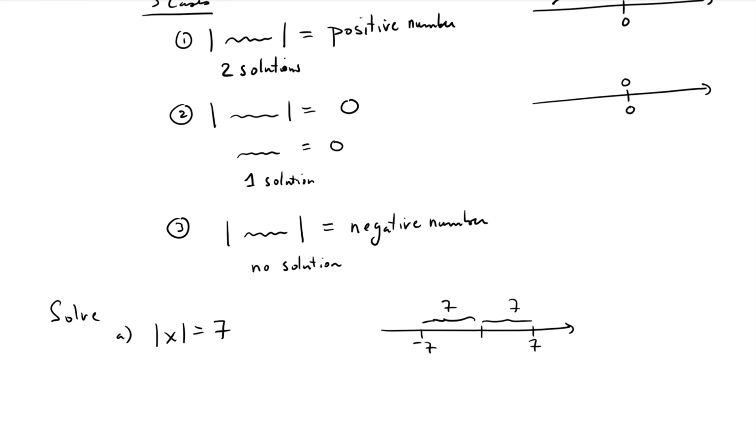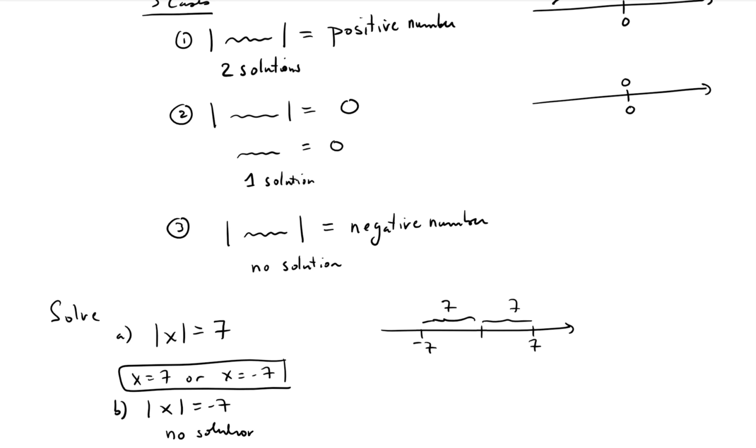We're in case 1. x equals 7 or x equals minus 7. If I write the absolute value of x is equal to minus 7, well, what number is at a distance of minus 7 to the origin? There are no such numbers, so no solution here. So we're in case 3.